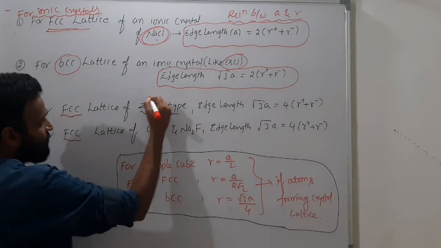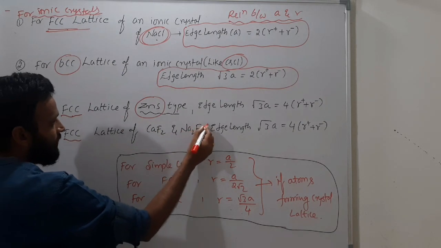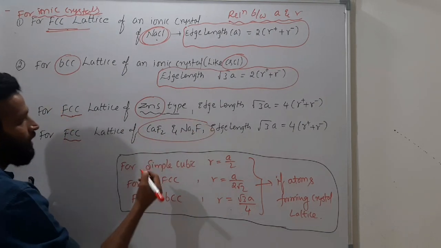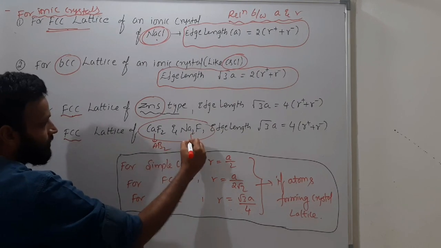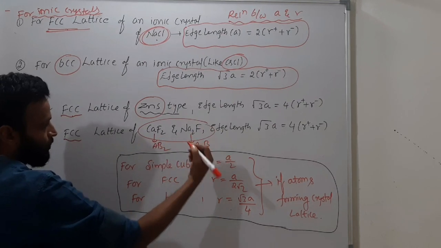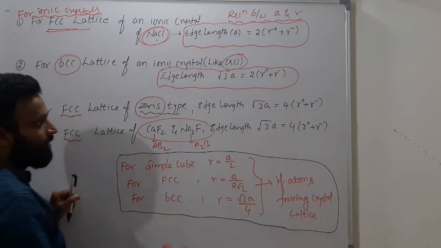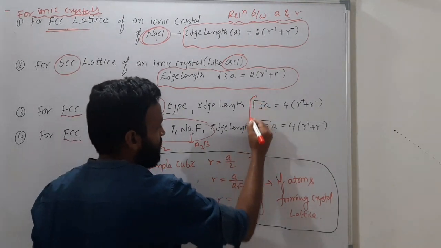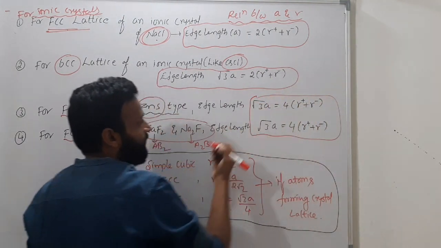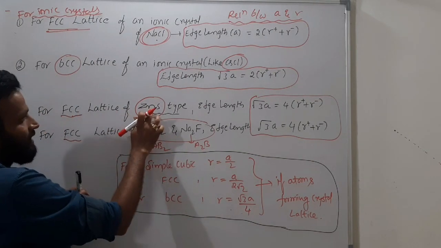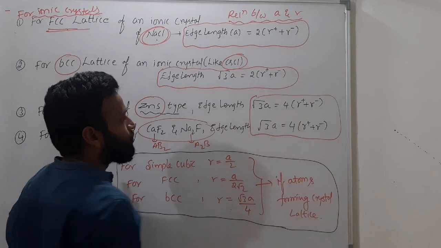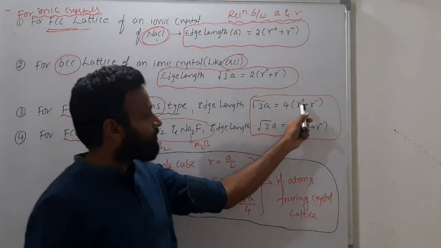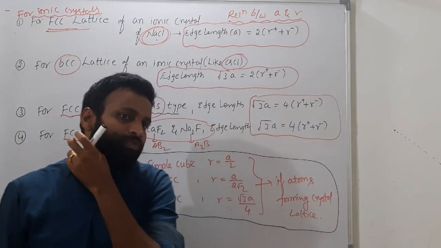FCC and having zinc sulfide structure, or else CaF2 or Na2F. That means, as I told you, AB2 type structures and A2B type structures. For those kinds of structures, this is the formula. Only one kind you can use, FCC, ZnS structure and AB2 type. Then root 3a is equal to 4 into (radius of cation plus radius of anion).